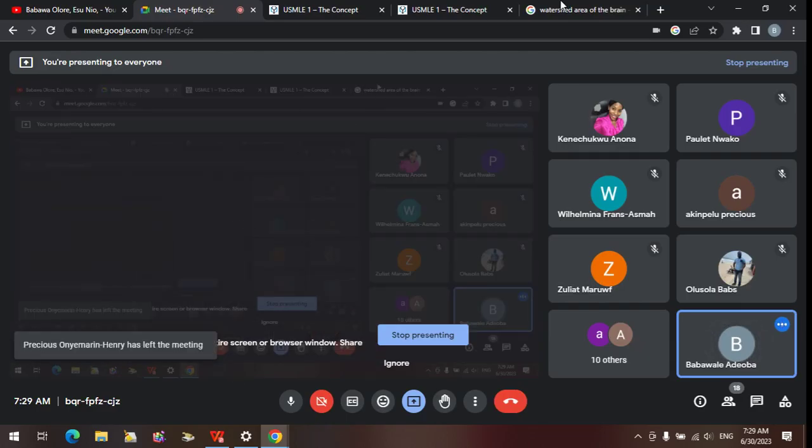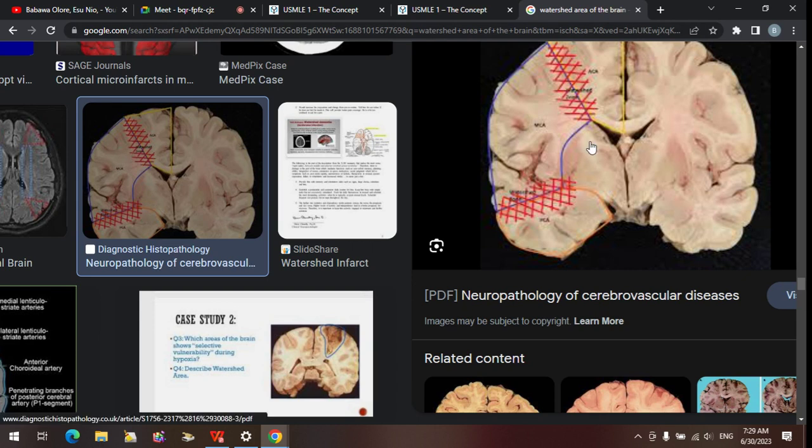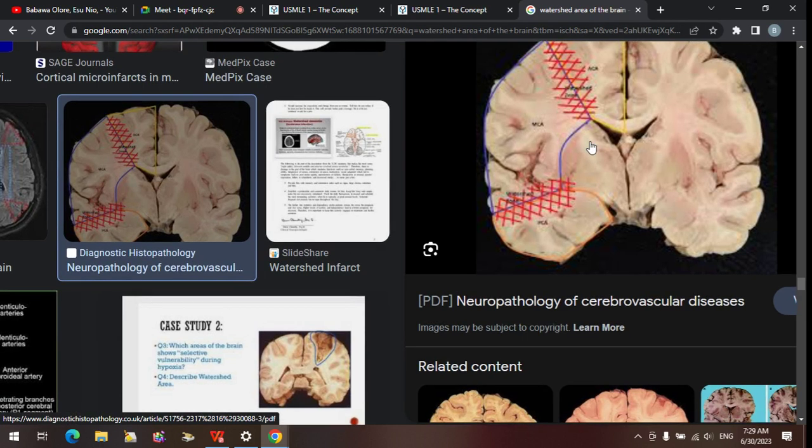Although it's not too clear, we just have to be able to imagine it. So the ACA will be running this way. The PCA will be running this way. This is the MCA in the middle. So this is the ACA, the anterior cerebral artery. This is the posterior cerebral artery. This is the middle cerebral artery.